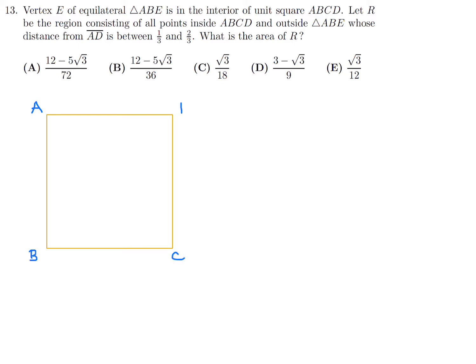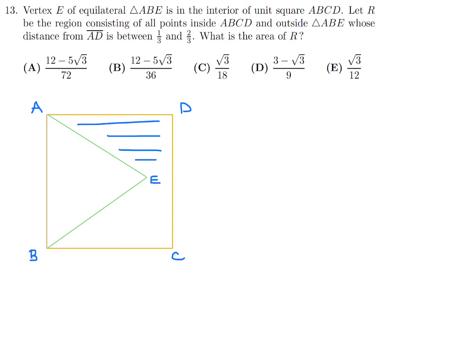ABCD is our square, and inside the square we are to draw an equilateral triangle. So something like that, right? And they're saying that there is some region, R, that consists of all the points inside the square, but outside ABE, where this is E right here.